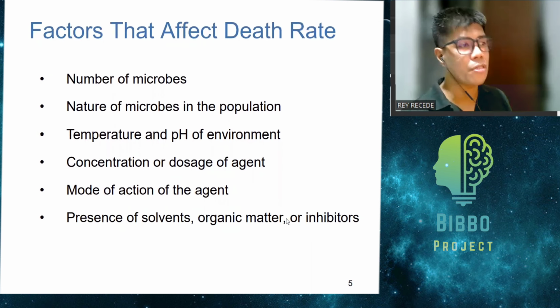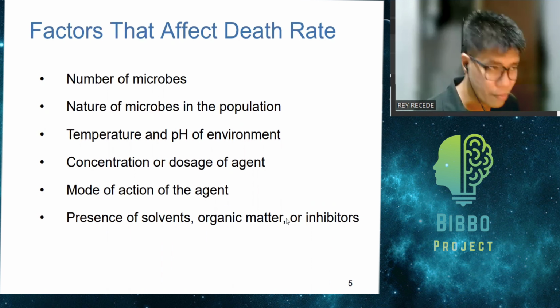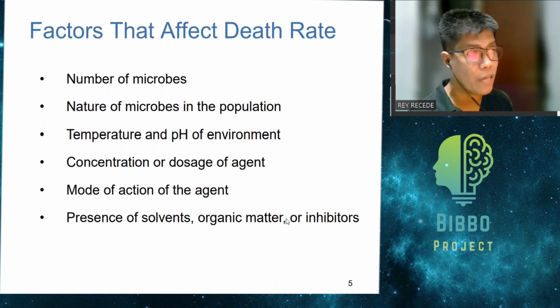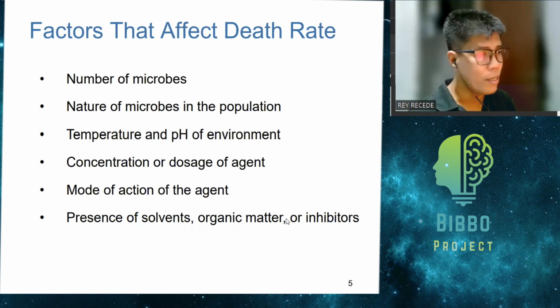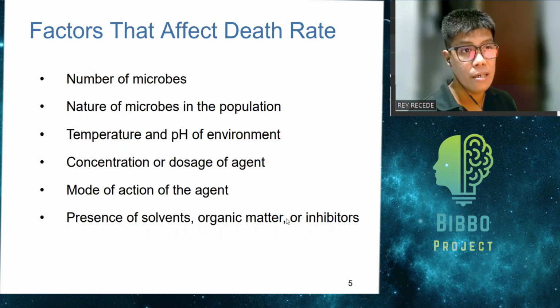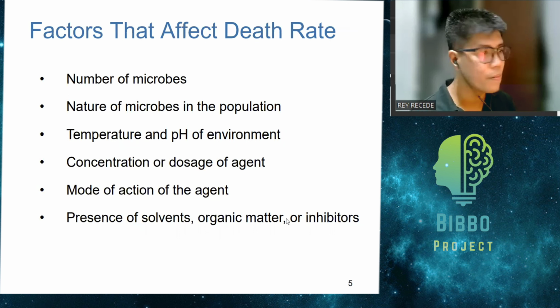There are several factors that affect the death rate of microorganisms. Number one will be the number of microbes occupying a certain area or environment. Remember that they are all competing for resources, and resources are not limitless, they're finite. That's why when these resources run out, definitely nothing will be there to supply them with the nutrients and food that they need.